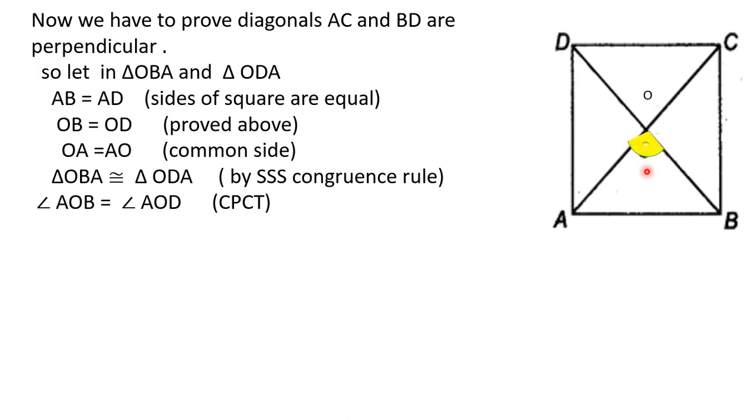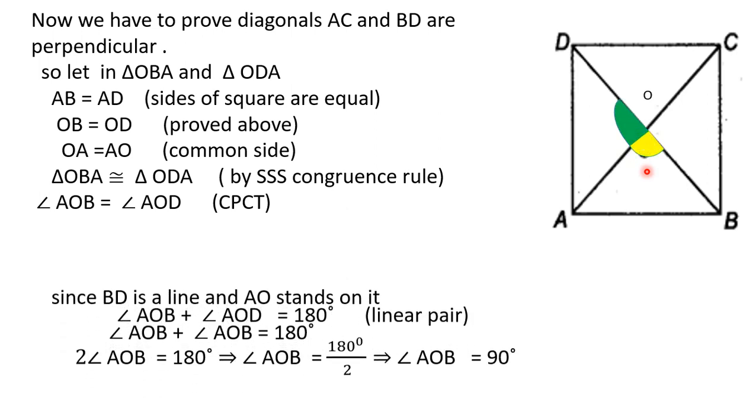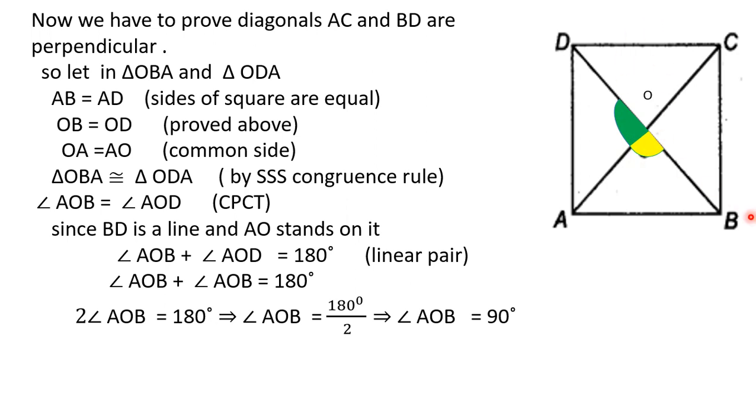Now we know that BD is a line and AO stands on it. So we get the two angles here which are the linear pair. So we can write angle AOB plus angle AOD is equal to 180 degree. Now as proved in this one part by CPCT, we have angle AOB and angle AOD are equal.